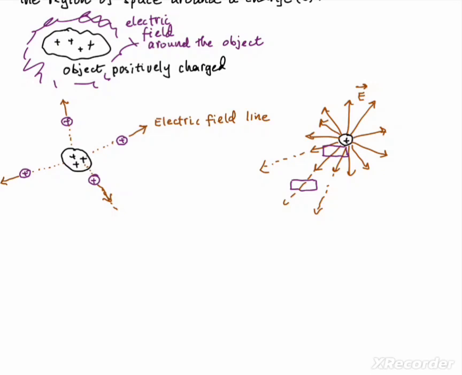This means that, calling it electric field at point A and electric field at point B, the electric field at point B is less than the electric field at point A, which means the electric field is greater closer to the charge.